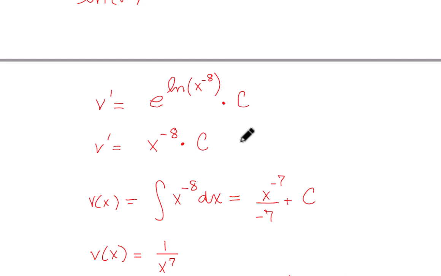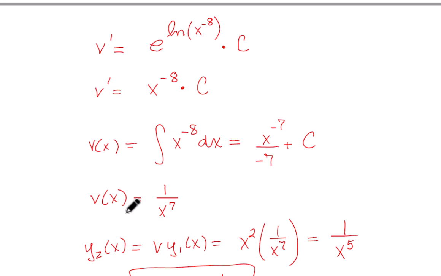If I can integrate this, so v is going to be the integral of x to the minus 8. So add 1, divide by the new exponent. All right, and so I get that v is 1 over x to the 7. I don't need any of the constants. All I need to figure out is v.